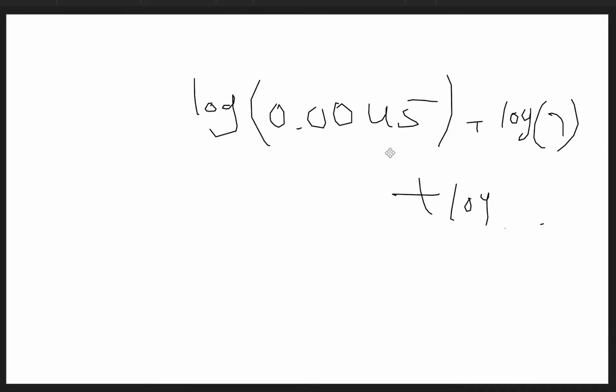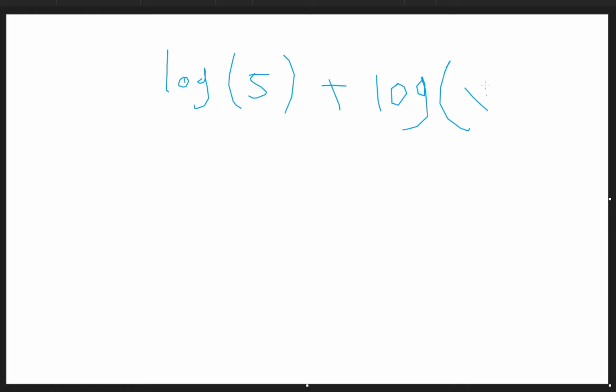For example, if your answer is log of 5 plus log of x, right? Keep log of 5 how it is.